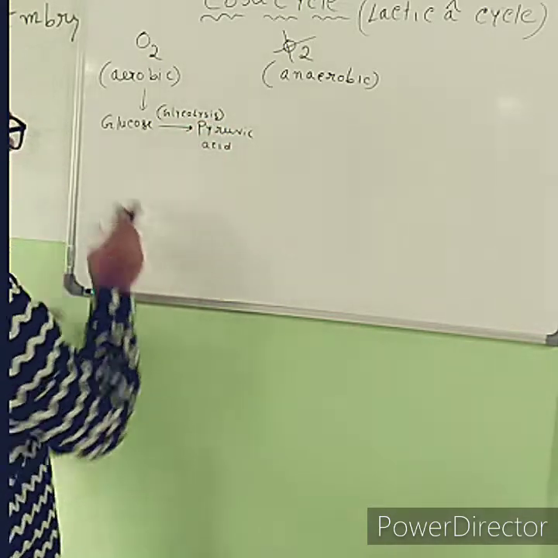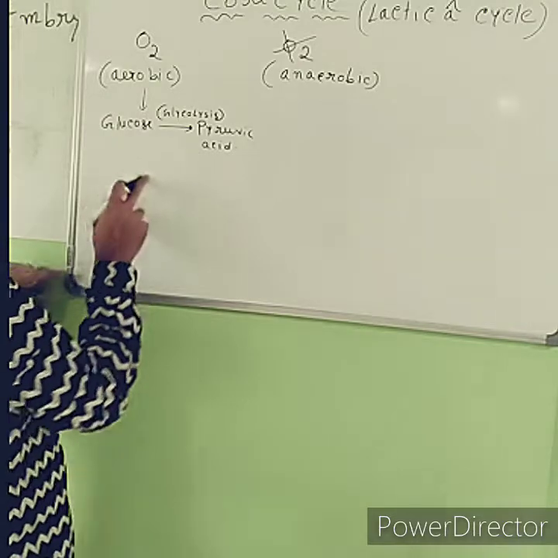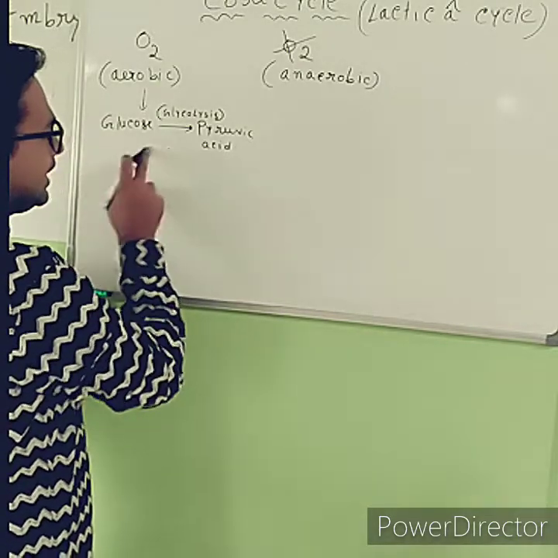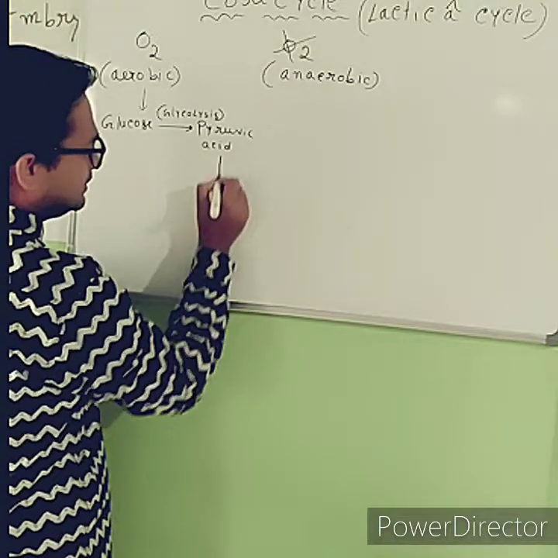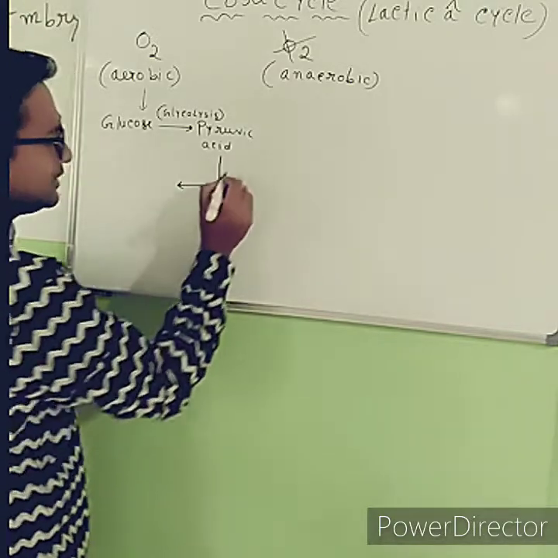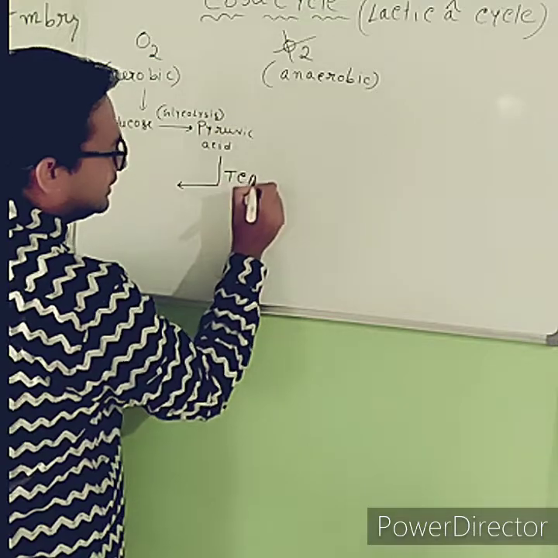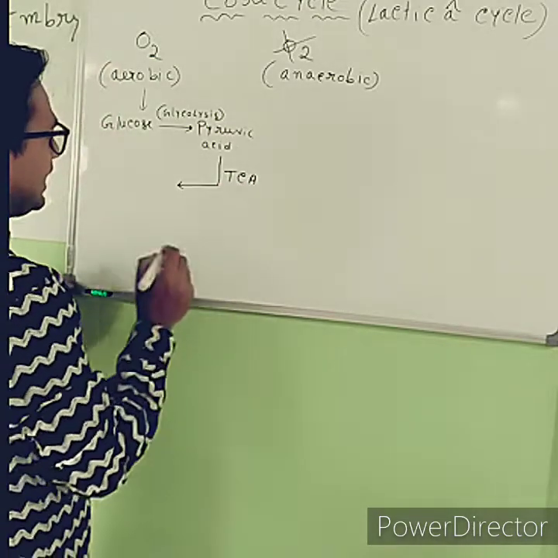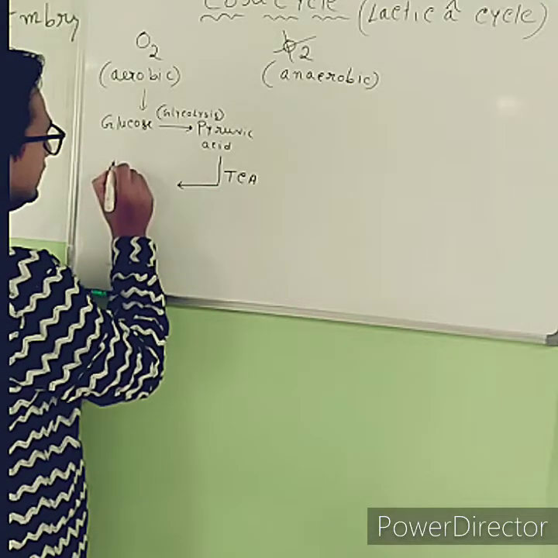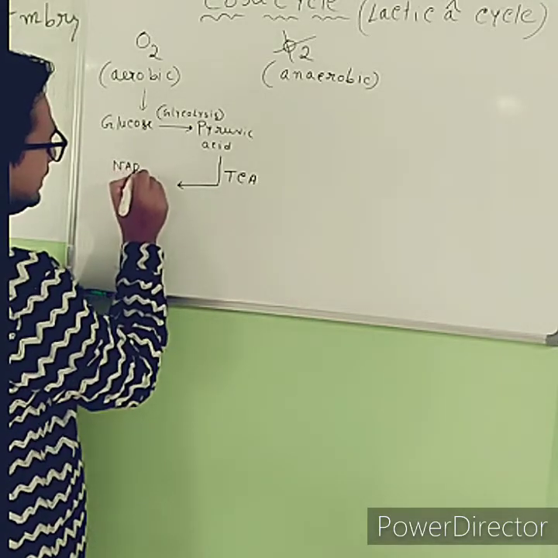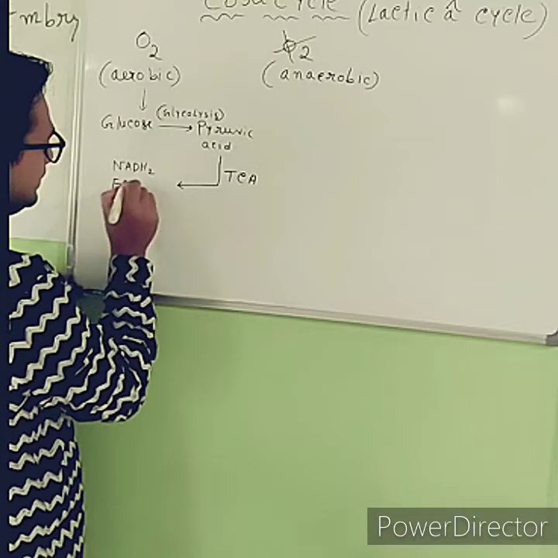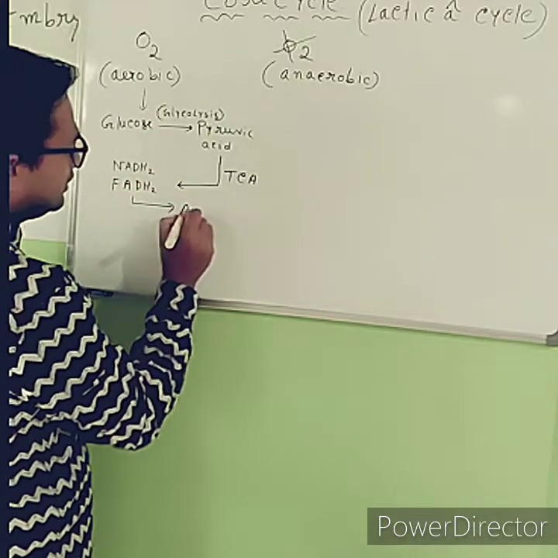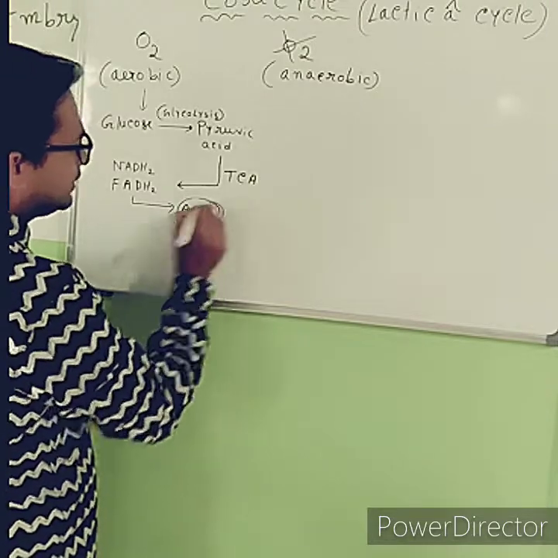So in normal cases, cellular respiration deals with the breakdown of glucose into pyruvic acid, and then the pyruvic acid undergoes the tricarboxylic acid cycle or Krebs cycle, and it will produce NADH2, FADH2, that is, all are ATP.